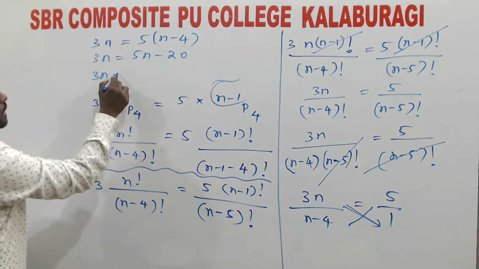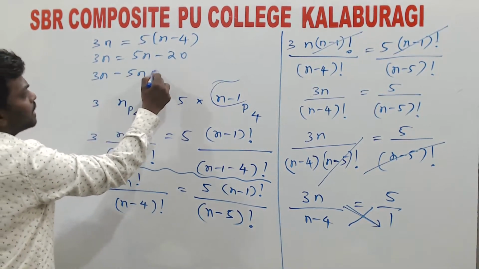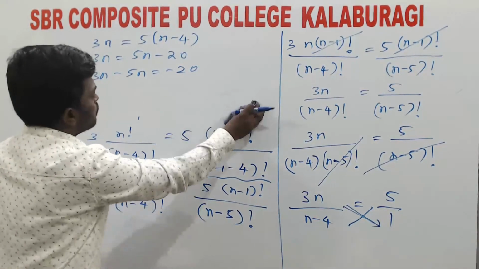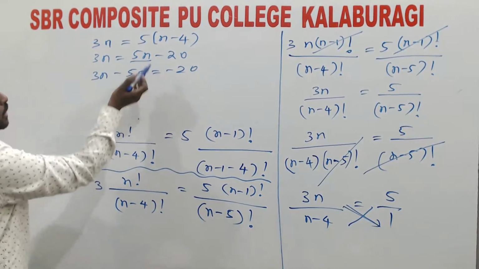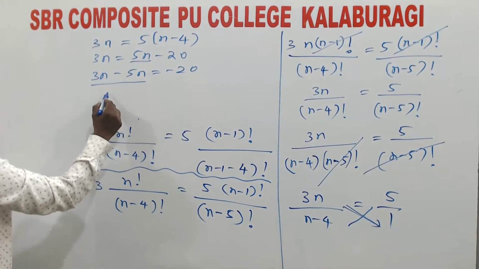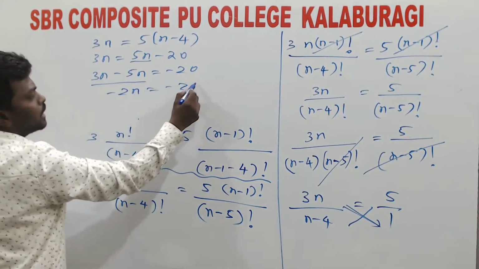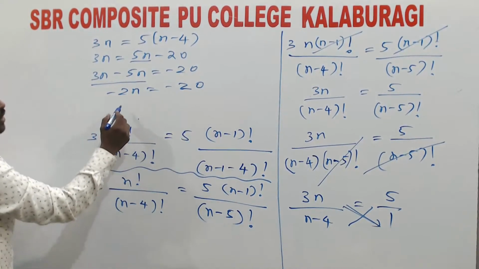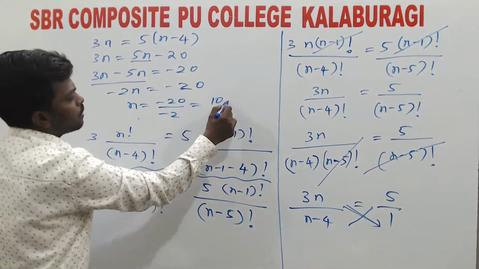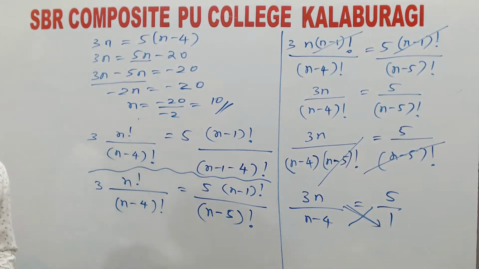So 3n minus 5n is equal to minus 20. What I have done is just shift 5n to the left hand side and group like terms together. 3n minus 5n is minus 2n, equal to minus 20. So n is equal to minus 20 by minus 2, which is equal to 10. So this is the answer.